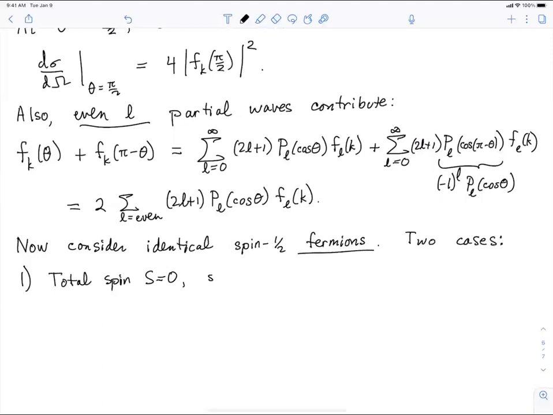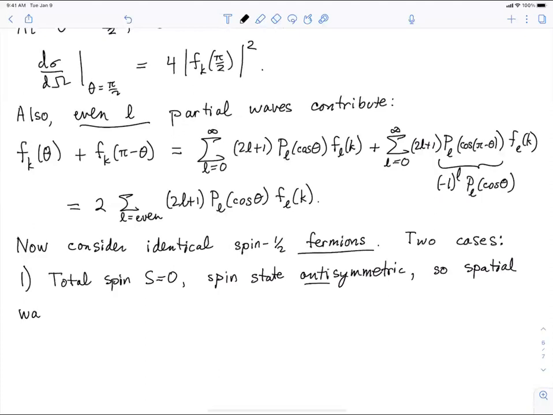Okay, that means, as we learned, for example, from studying the helium atom, the spin state is antisymmetric. And we know the total state has to be antisymmetric under interchange of the 2 fermions. So that means the spatial state has to be symmetric.